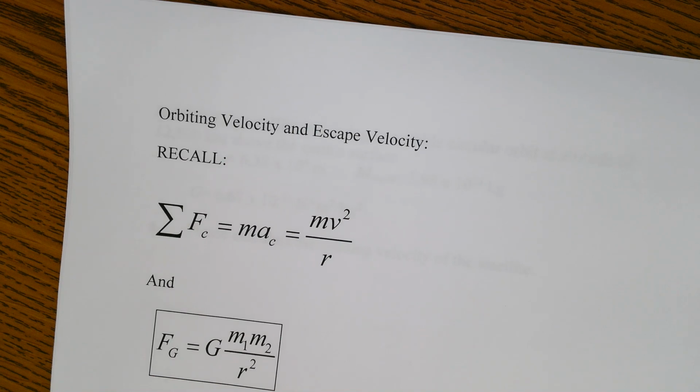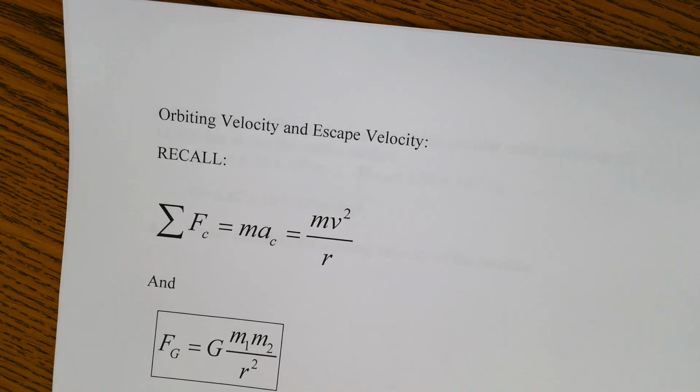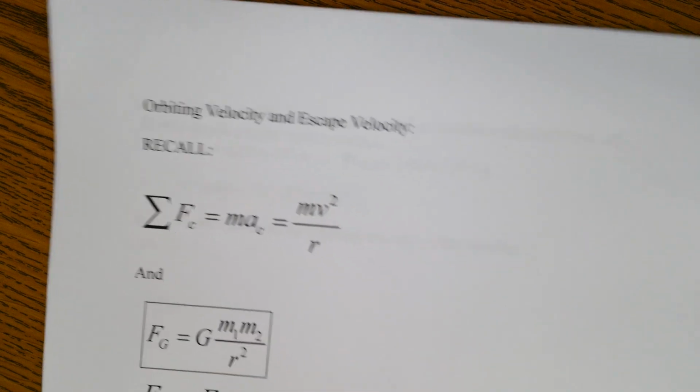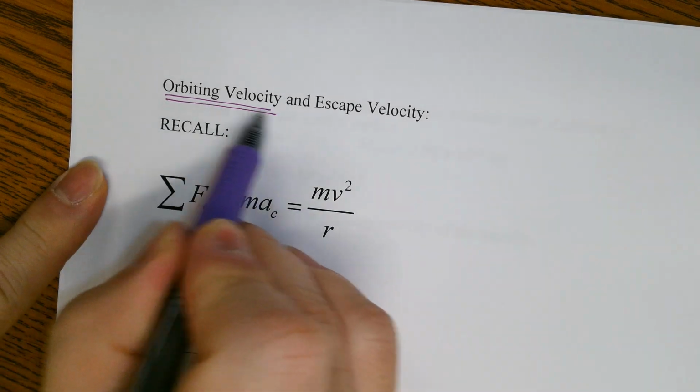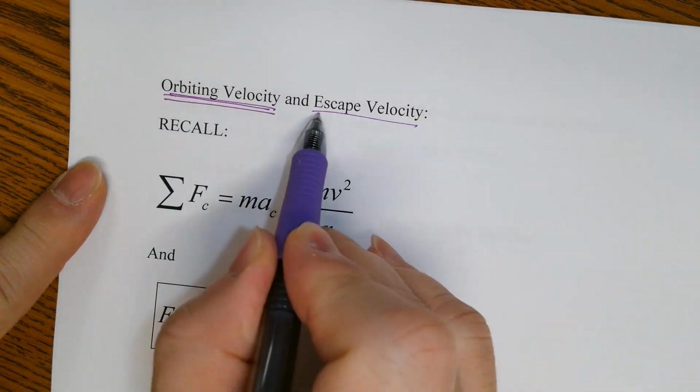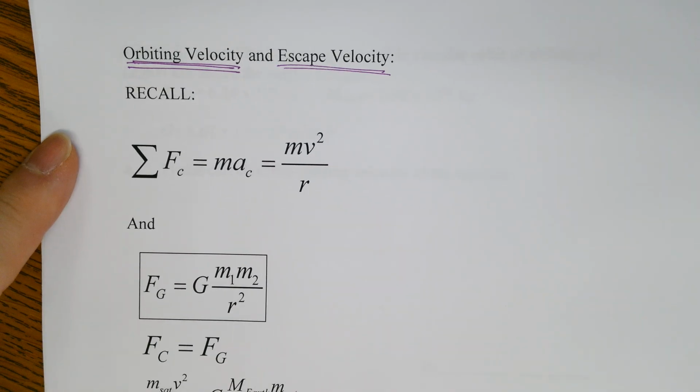Well, it all depends on how high the altitude of that moon has to be. It depends on how high the altitude is, and that determines how fast you have to shoot it. So let's take a look at orbiting velocity, and then we'll talk about escape velocity too.